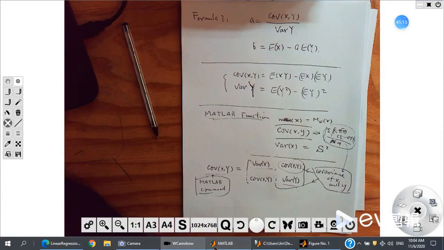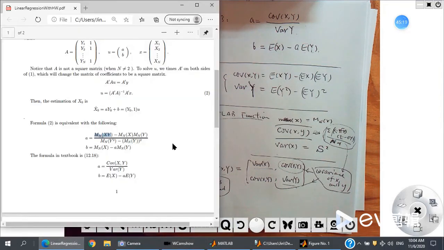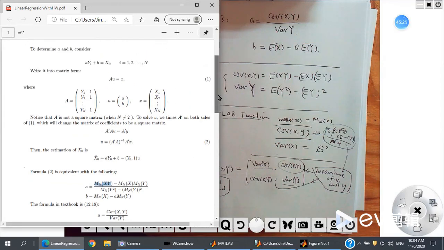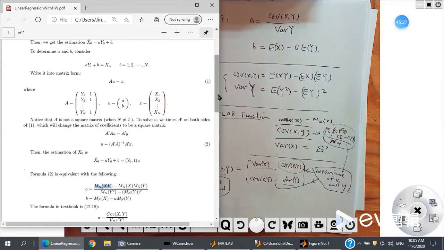Yeah, I think that will be all. So that's all for today. We just introduced one method to estimate a random value from some given observations. The method is called linear regression.